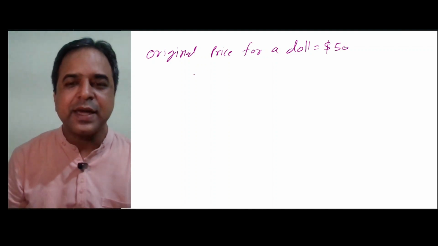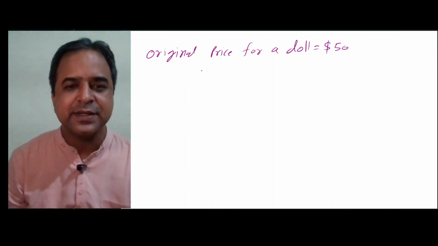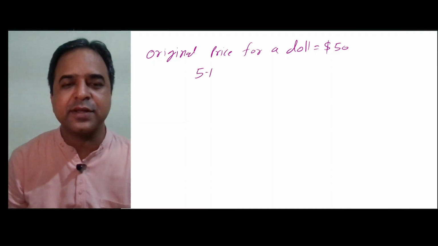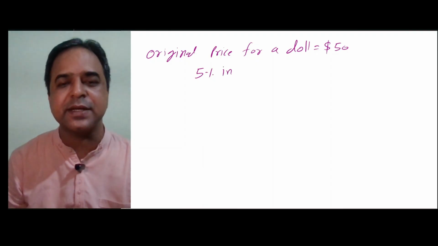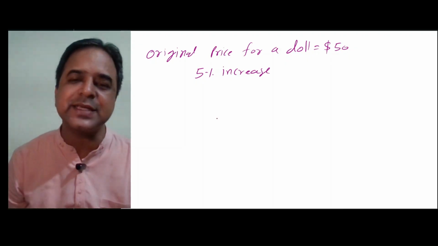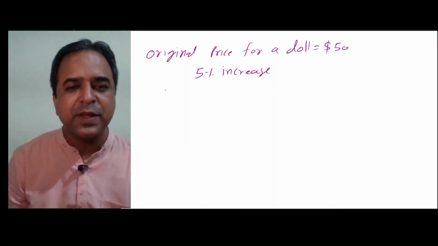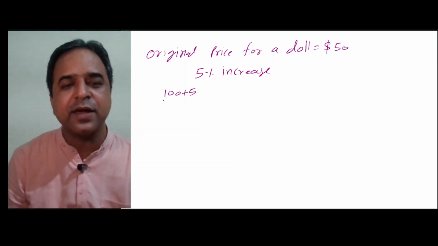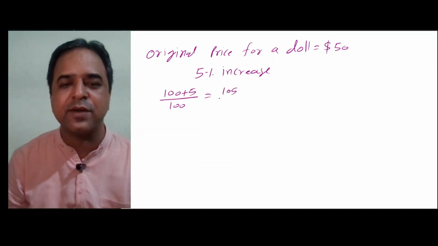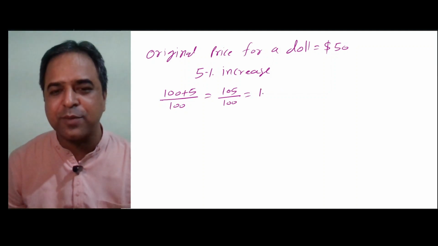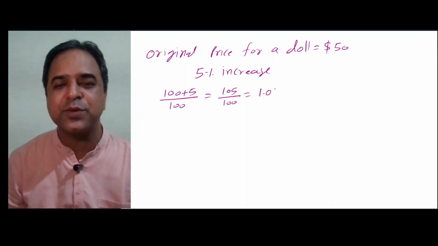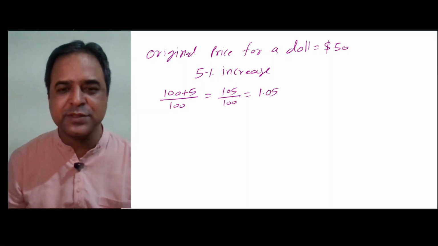Now if there is a 5% increase, what will your multiplier be? Again, 100 plus 5 upon 100 will make it 105 upon 100. You have 2 zeros in the denominator, so 2 decimal places, so it is going to become 1.05. Okay, so this is your multiplier.